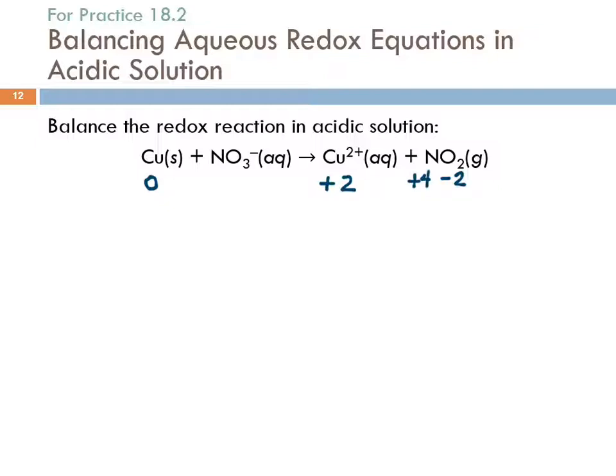And then over here, we have the same 2 guys, nitrogen and oxygen. Oxygen gets priority, so oxygen gets to be what it wants, which is -2. There are 3 oxygens. 3 times -2 is -6. We need an overall -1 charge, so what's the nitrogen? +5.